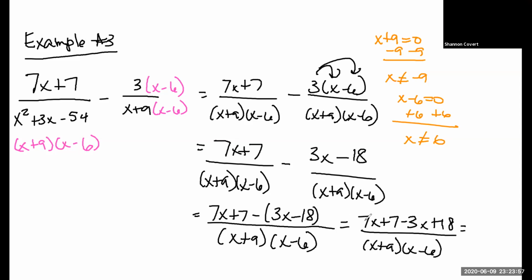Collect like terms on the top. 7x − 3x is 4x. 7 + 18 is plus 25. And I can't factor that numerator at all. So that's my answer: (4x + 25)/((x + 9)(x − 6)).